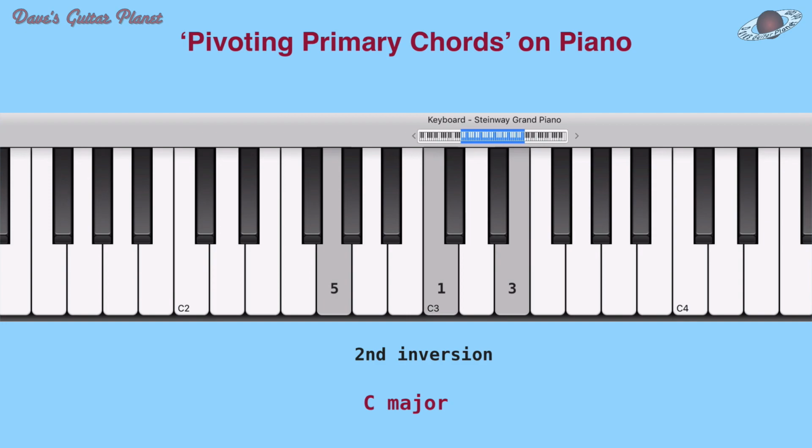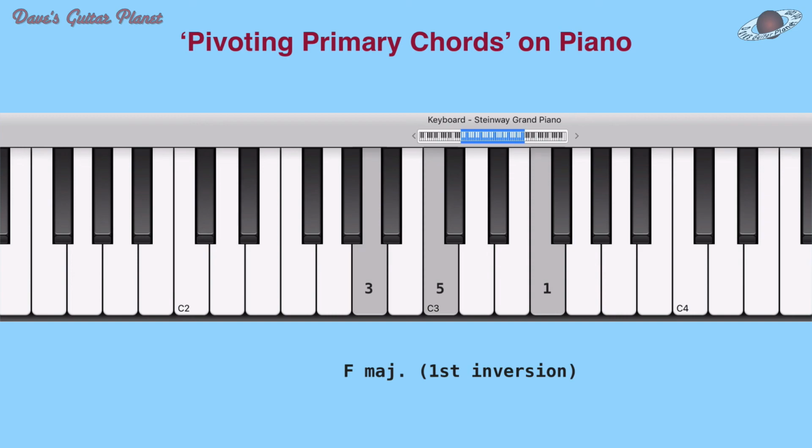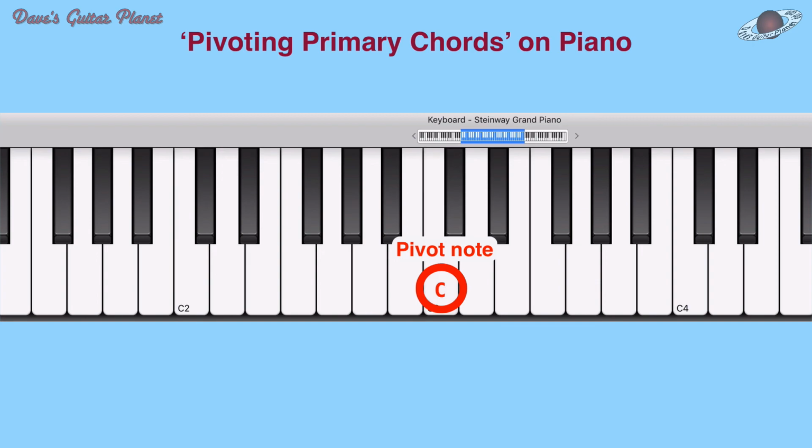Now the closest F notes would be a first inversion F with the third of F major on the bottom. This time we're pivoting on this C note, and these two voices are moving, the two outside voices. So we get this 1 chord, 4 chord, and now for a 5 chord we can do this: 1, 3, 5, root position G chord.